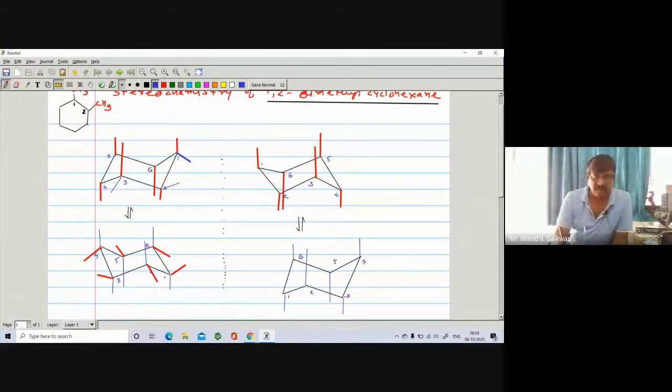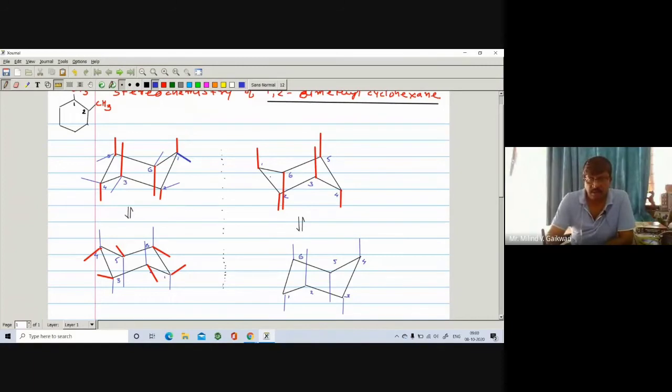This is parallel to C2, C3. This is parallel to C1, C6. This is parallel to C4, C5. So we have drawn the axial and equatorial bonds.